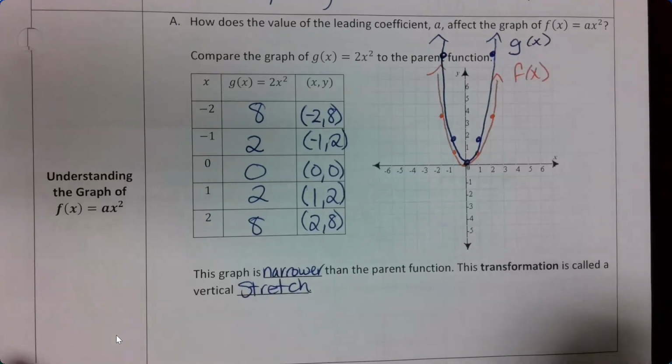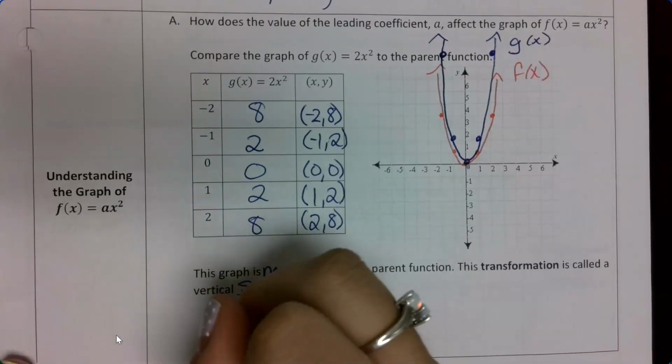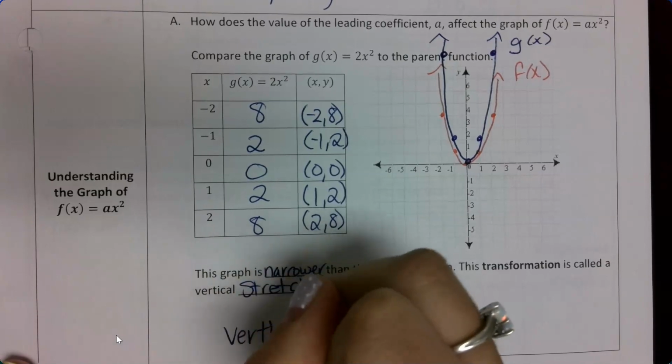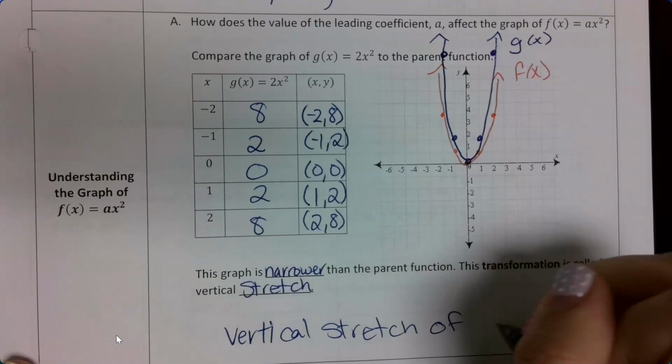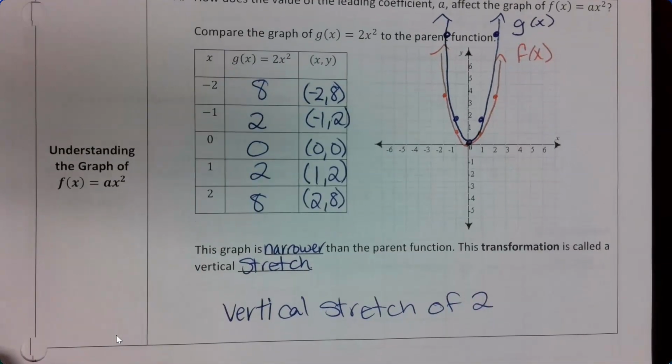So what I would do for this answer is I would write that this graph has a vertical stretch of 2. Why did I say the number 2? Yeah, that's my coefficient on my x squared.